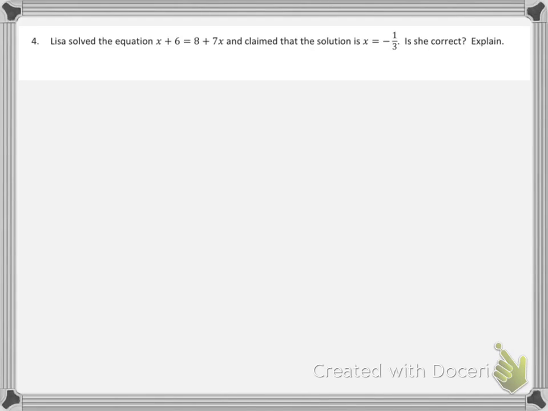All right, number 4. Lisa solved the equation x plus 6 equals 8 plus 7x and claimed that the solution x equals -1/3 is a solution. Is she correct? Okay, same thing. When I see an x, I'm going to put in a -1/3. So I have -1/3 plus 6 is equal to 8 plus 7 times -1/3.